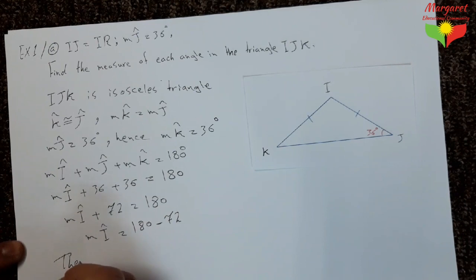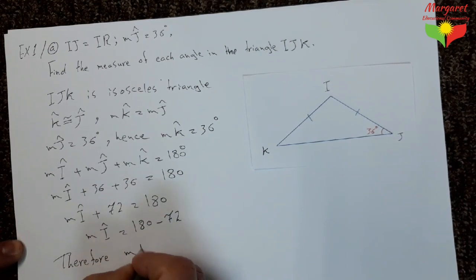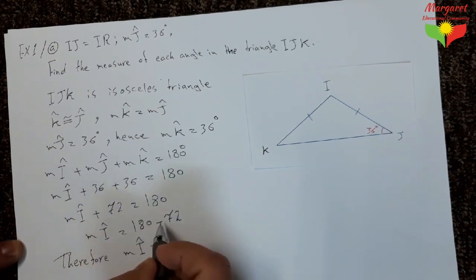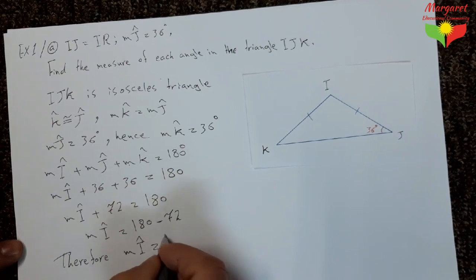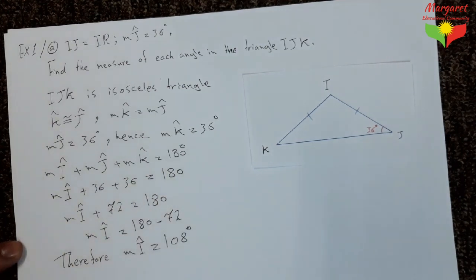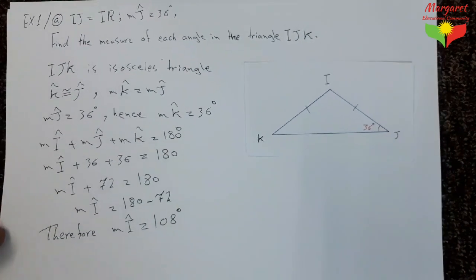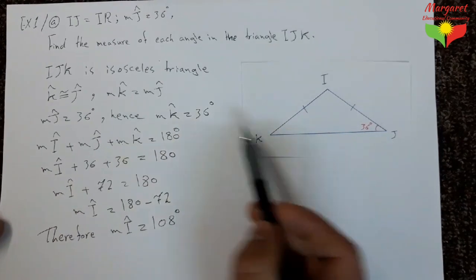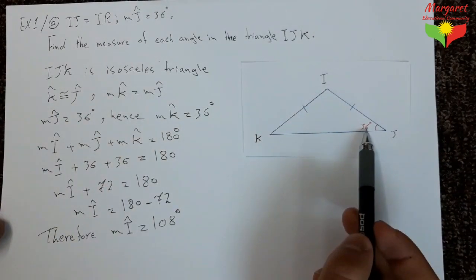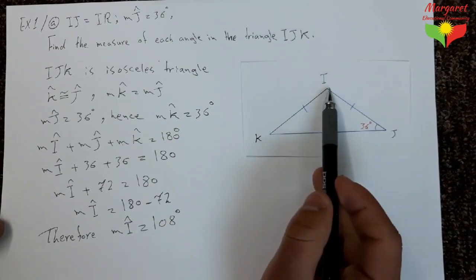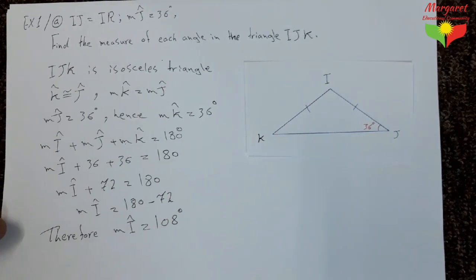Therefore, measure of angle I equal to 180 minus 72 equal to 108 degrees. So, measure of angle K equal to 36 and measure of angle I equal to 108 degrees.